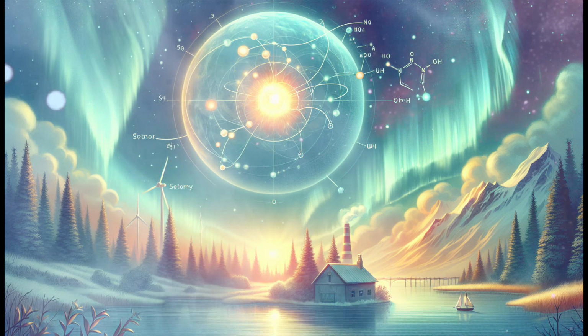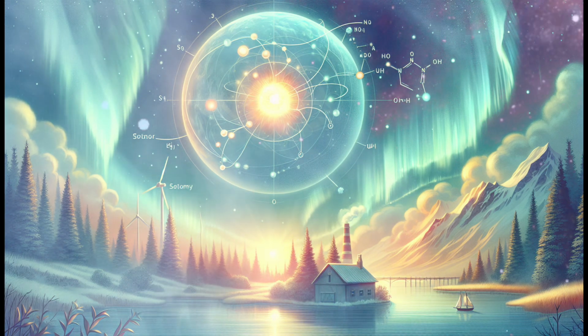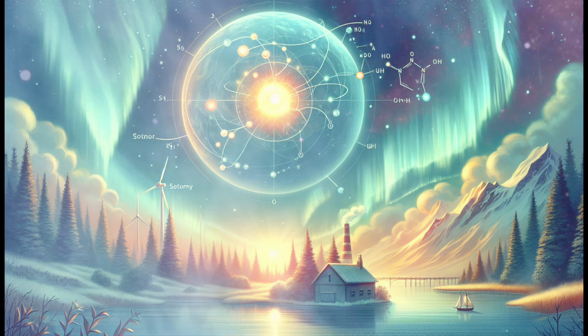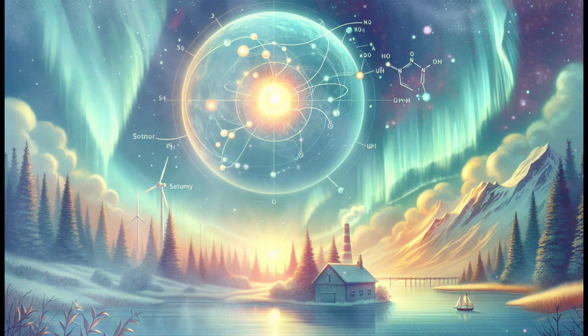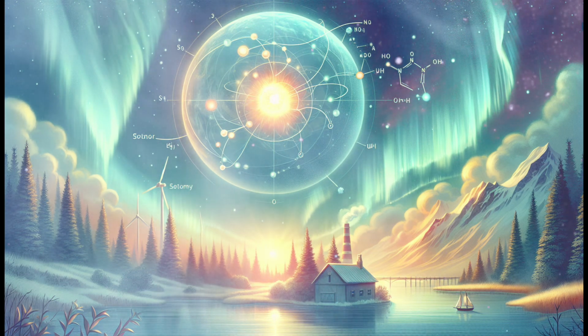with ever-changing patterns. The altitude at which these interactions occur also plays a significant role in the appearance of the aurora. As solar particles descend into the atmosphere, they encounter varying densities of gases. At higher altitudes, the atmosphere is thinner, allowing for different colours to emerge.